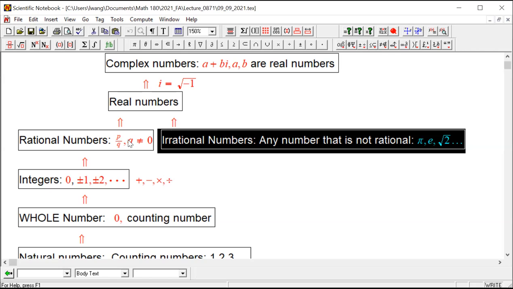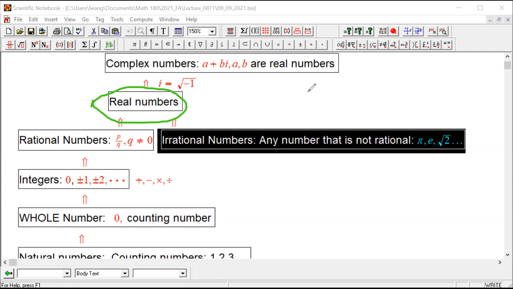All right. And for you guys, you're going to be working in real numbers for a long, long time. You don't have to worry about complex numbers. Complex numbers has its own theory. We call it complex analysis. It's an advanced course for students majoring in mathematics in their junior or senior years.